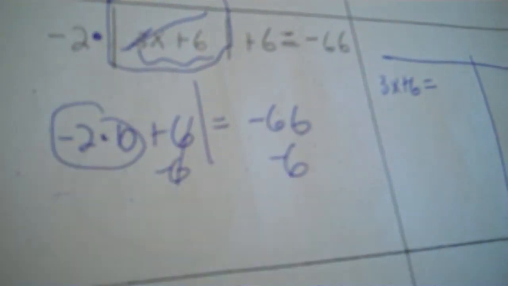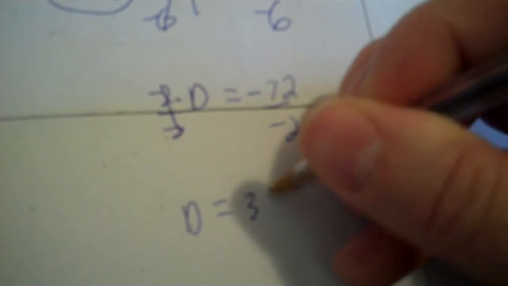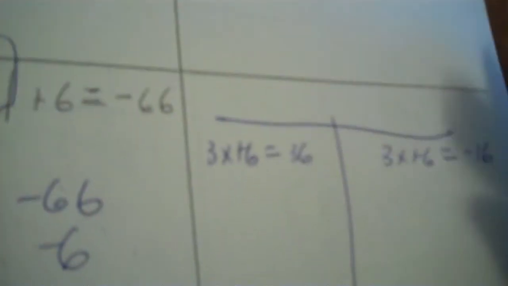So you got a times and a plus. So you take out the plus. That's negative 72. Negative 66 minus 6. And then you divide each side by negative 2. And that's positive 36. So d is equal to a positive, so we put 36, negative 36.